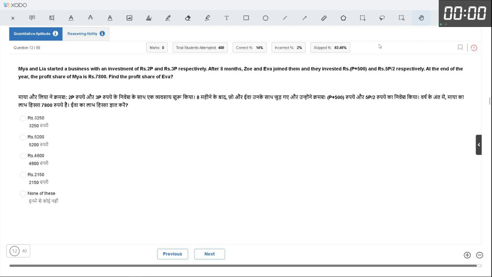See here, Maya invested 2p and Leah invested 3p, right? After 8 months Joe and Eva invested themselves. Joe invested p plus 500 and Eva invested 5p by 2.